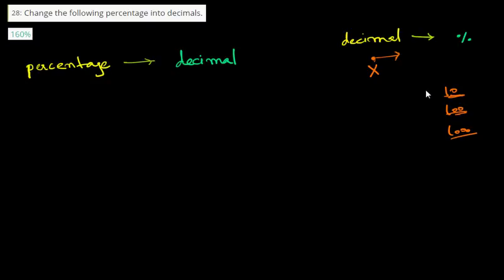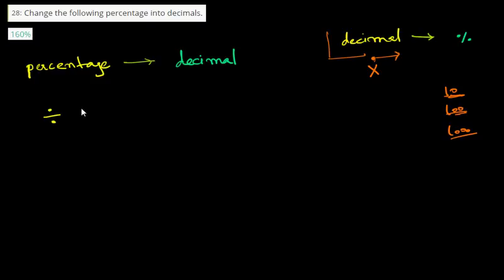Now keeping this in mind, and keeping in mind the fact that converting a percentage into a decimal is exactly the opposite of this process, it's safe to say that since we were multiplying when we were converting a decimal into a percentage, to do the opposite we will be dividing.